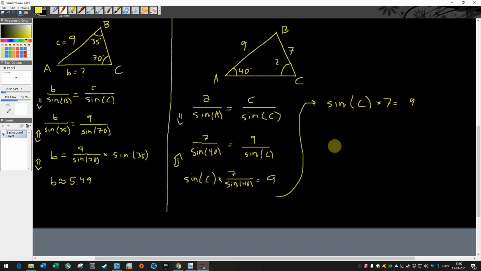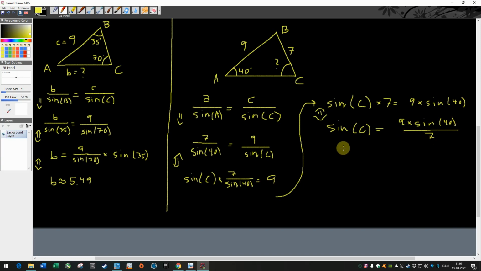Of course, if you're good at algebra, you could maybe just do it in one turn. Now you divide with 7. So sine C equals what we have on the right hand side, divided by 7.